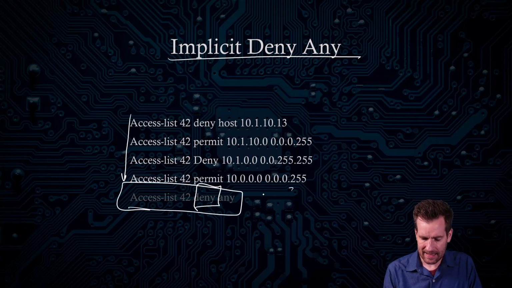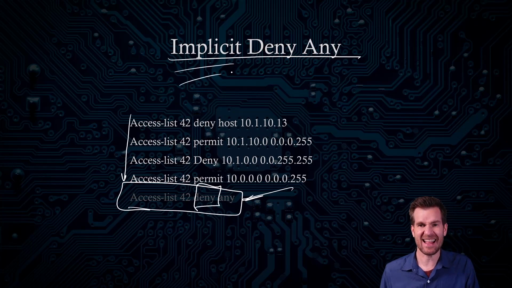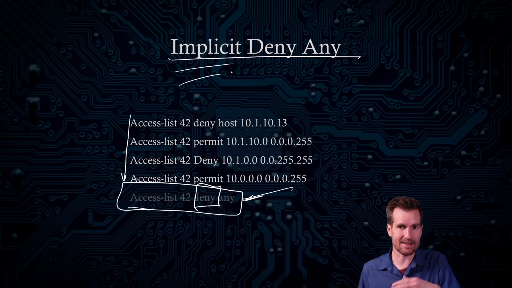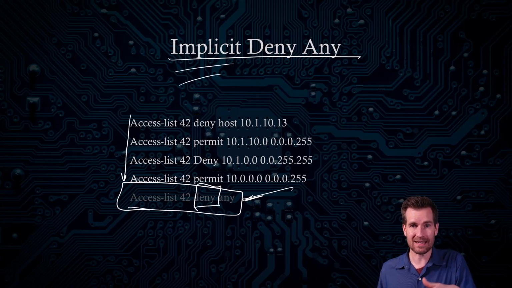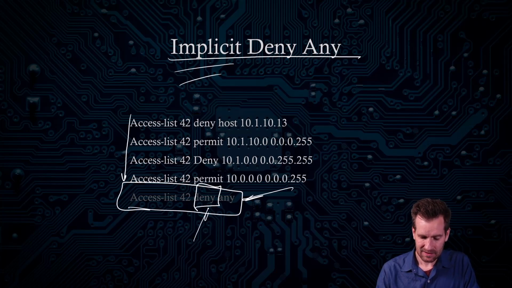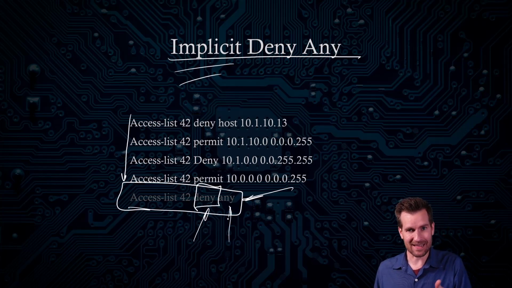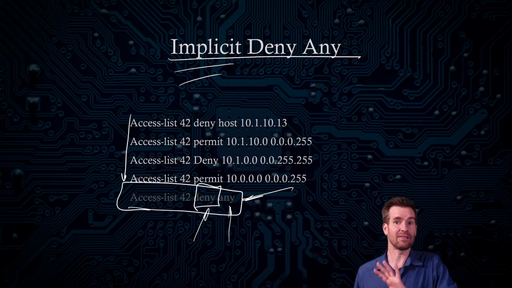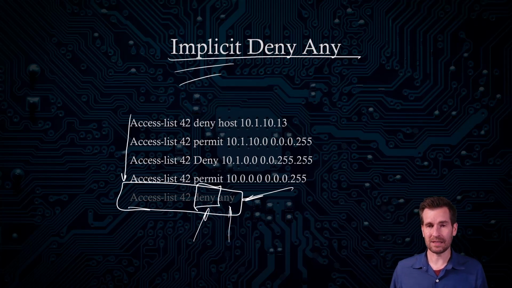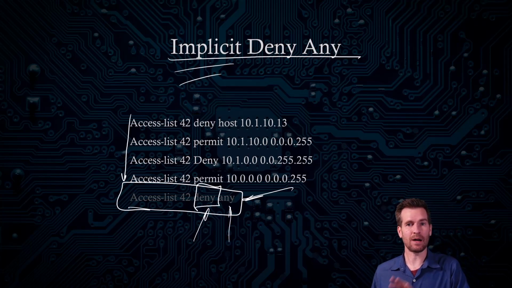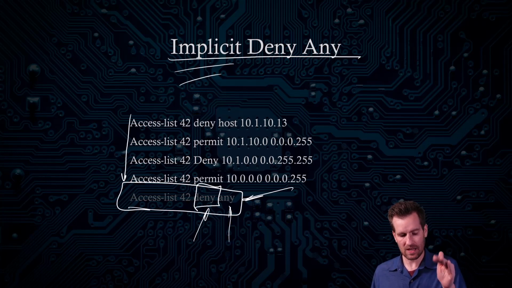And so that implicit means that it's not stated, it's not overt, it's not something that you're going to see show up in the access control list. And it's a deny, so it's going to drop the traffic, and it's any, so it matches everything. The any means everything. And so there is an implicit deny any that will drop all other traffic if it doesn't match any of the other access control entries.